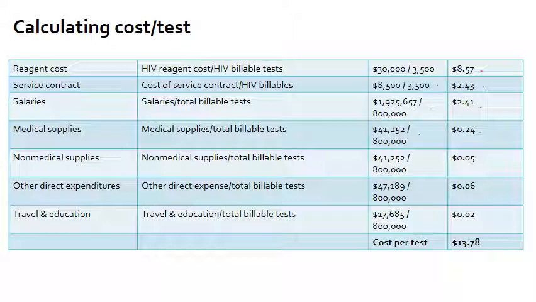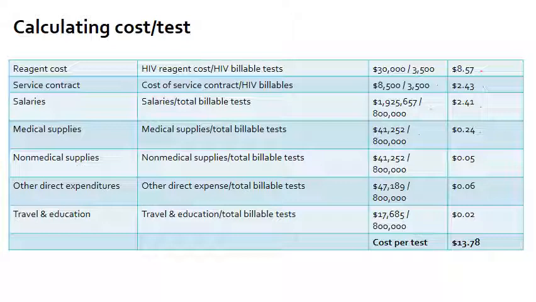And you can see that you end up with, interesting, I must have written that number in wrong because that's not 5 cents. I must have the non-medical supplies top number wrong, and I apologize for that.